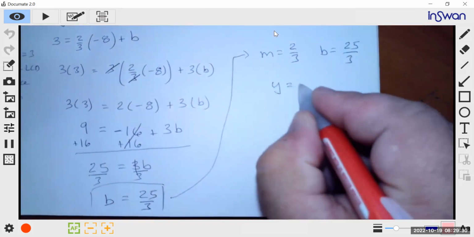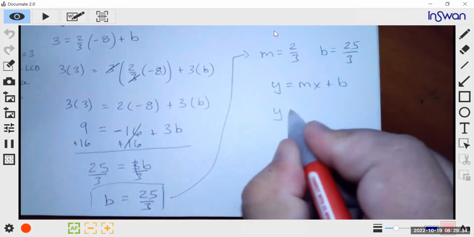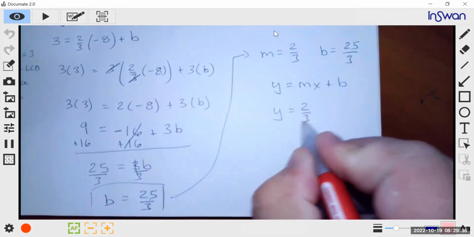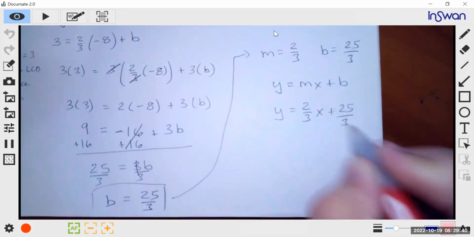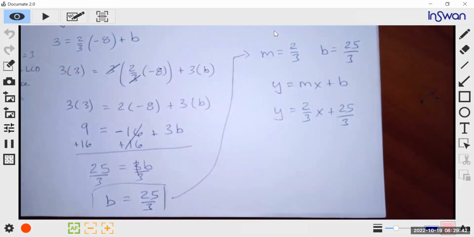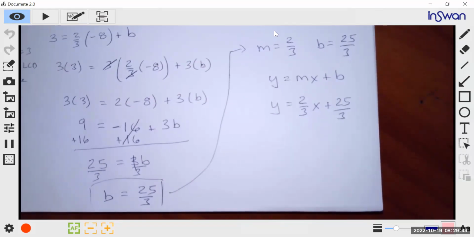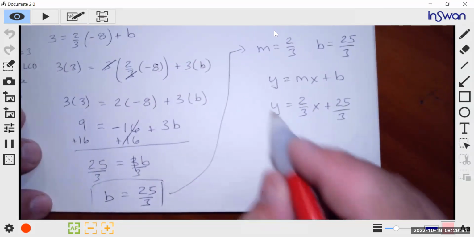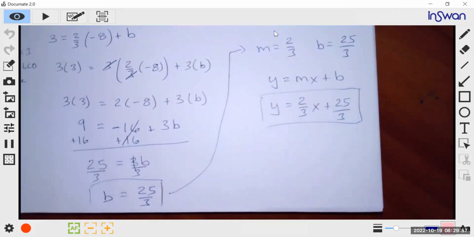Now I plug those into the equation. Two-thirds x plus 25 over 3. So there's our equation that goes through the point -8, 3, and it's parallel to the other line.